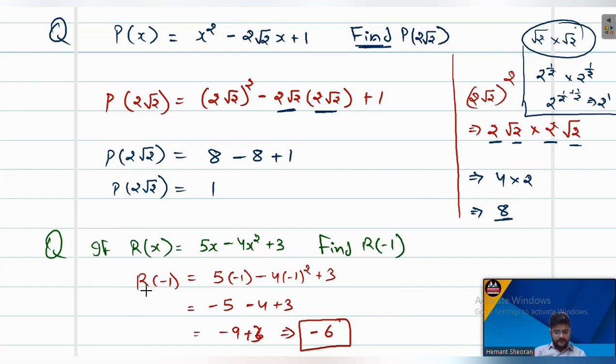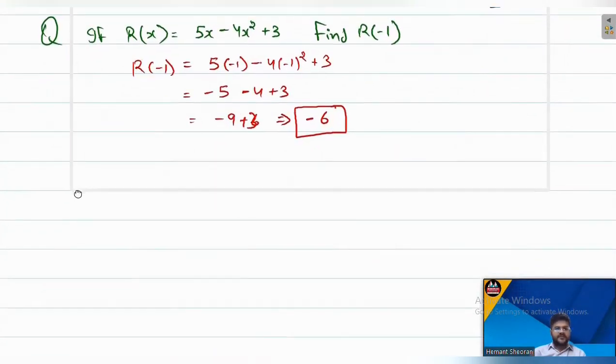Okay, one more question. But there will be a change now. Just a change that you have to observe. Let's see whether you will be observing it or not. So the question is, let's say p of x is equal to x cube plus 2x square minus 5x minus 6.